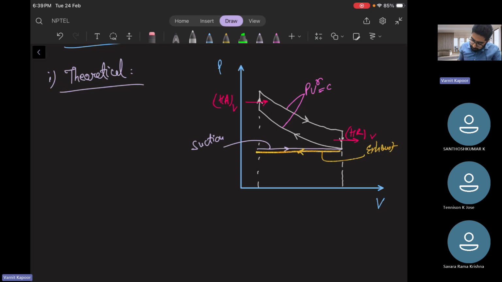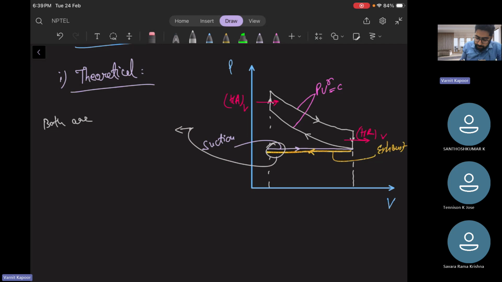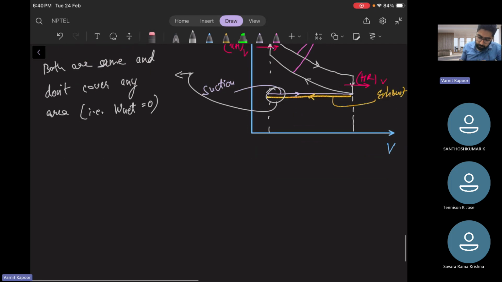Let me write the points for this too. Both are the same and don't cover any area, that is, the net work is 0 for both the processes.